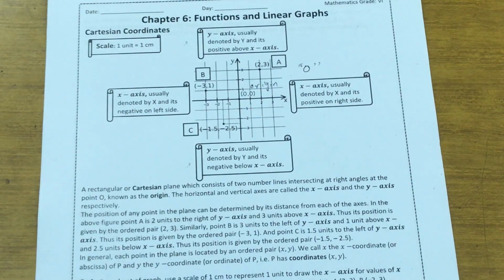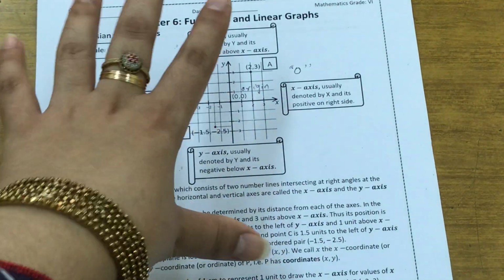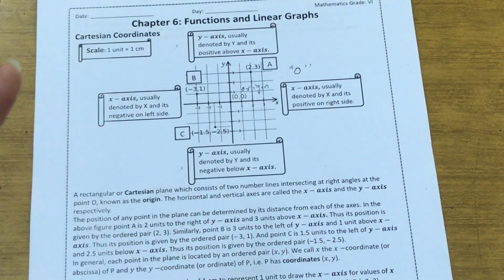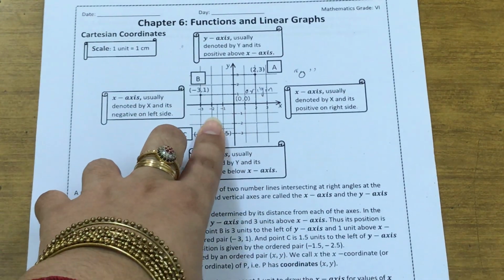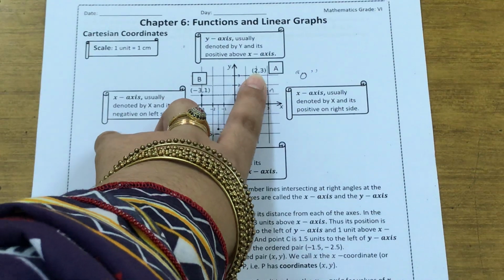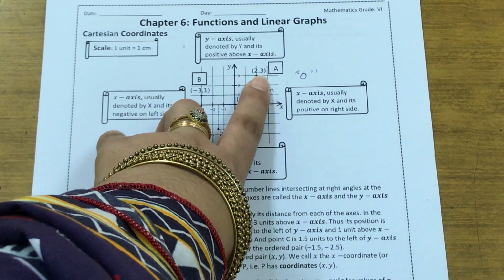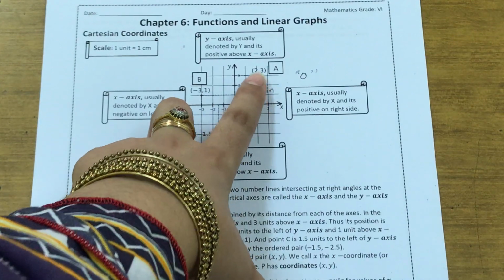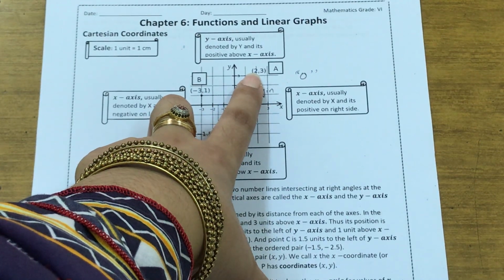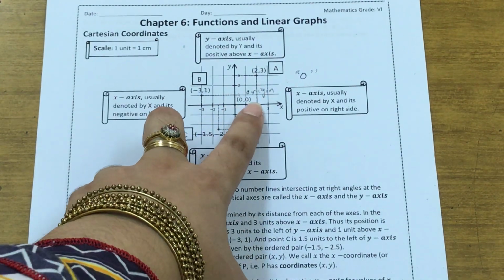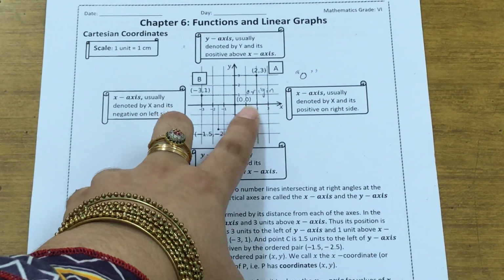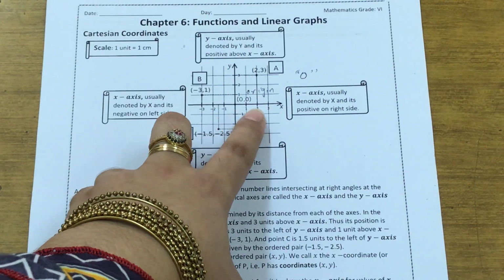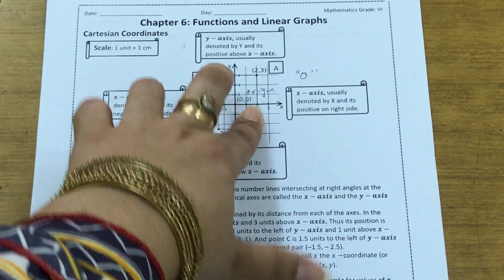Here you can see the example. Let's see the example first and understand how I have plotted these points. The first point is 2, 3. How have I plotted this point? 2 is the x coordinate, that means we have a horizontal distance of 2 points from the origin.